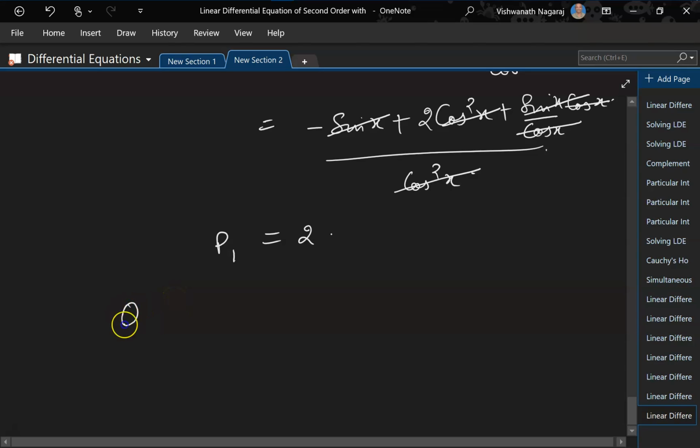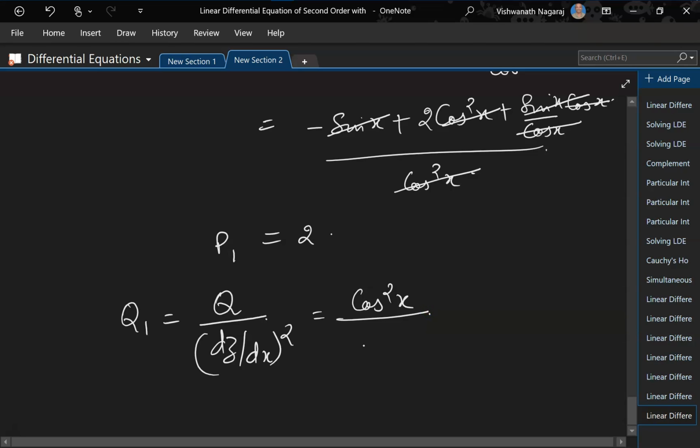Now we have to figure out Q1. This is going to be Q by (dz/dx) squared, where Q is cos² x, and dz/dx is cos x, but here it is squared, so cos² x. So these two cancel out and we get 1.